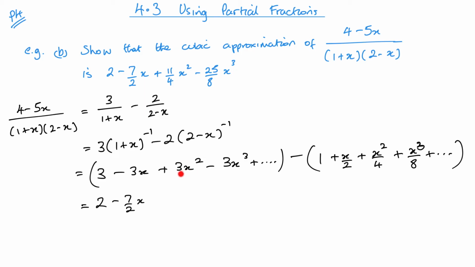Next we have 3x squared, take away a quarter, so that is going to give us 11 over 4 x squared. And then finally we've got minus 3x cubed, take away an eighth x cubed, which of course gives us minus 25 over 8 x cubed.